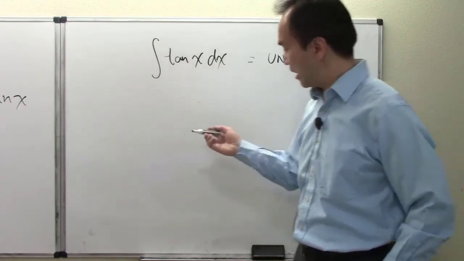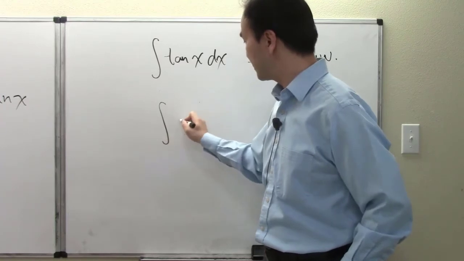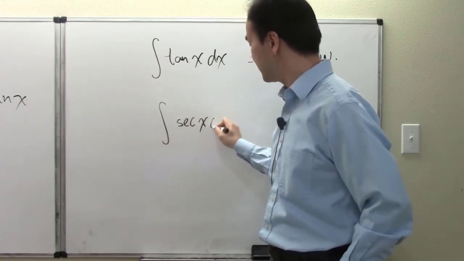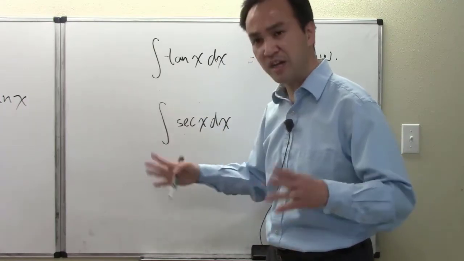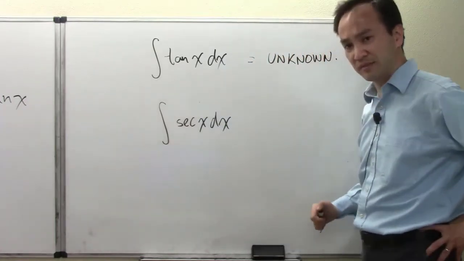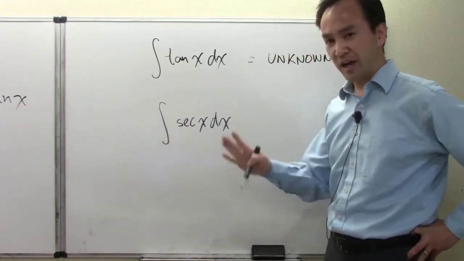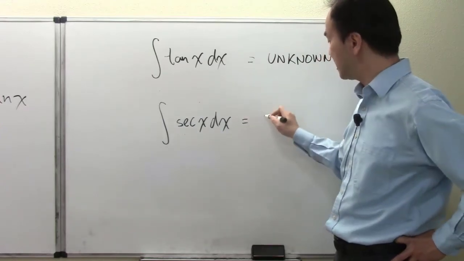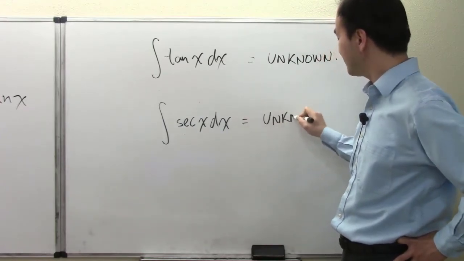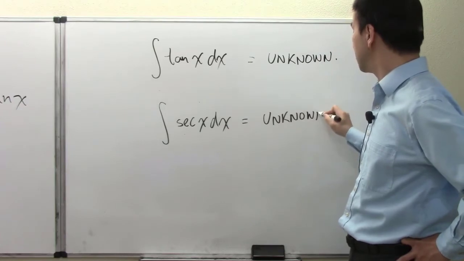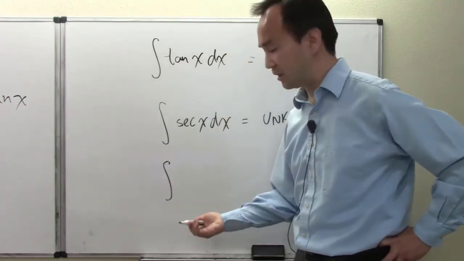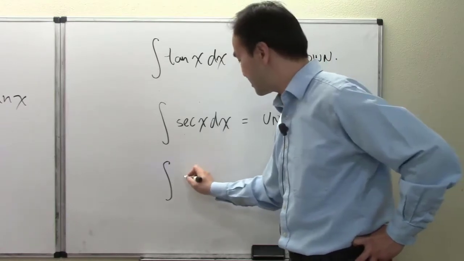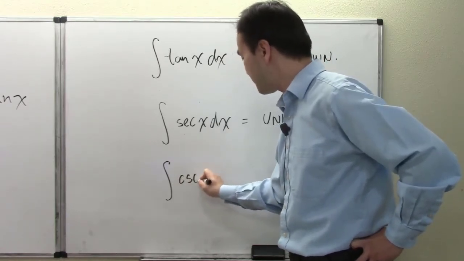As well as we have other functions, like say the secant of x. Taking the derivative of these functions is easy, but going backward, we need some other special technique. So at our beginning level right now, this is another unknown one. And then there is another one along the trig families, the cosecant of x.